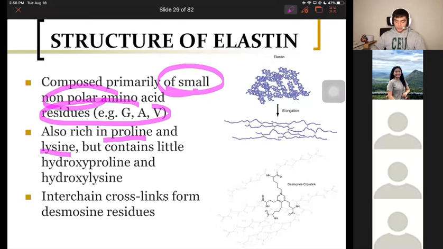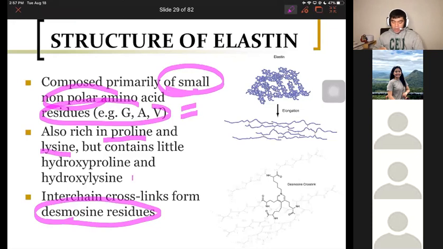So, another, we have interchain crosslinks forming desmosine residue. So usually, when there is cross-linking of different amino acids, collectively, we can call them desmosine. Now, what can you notice with the amino acids present in elastin? You can see that the amino acids are quite small in size.